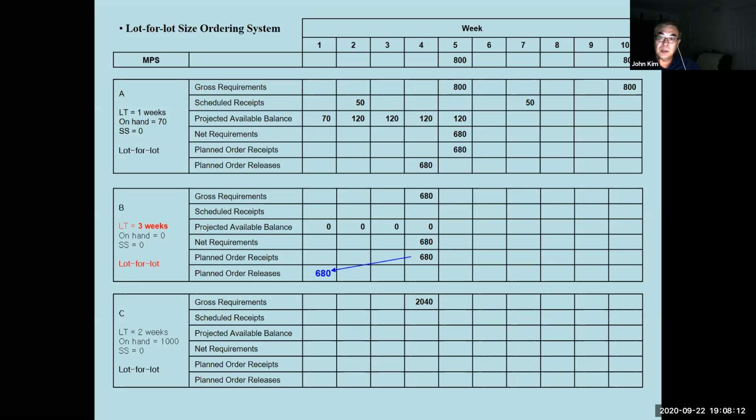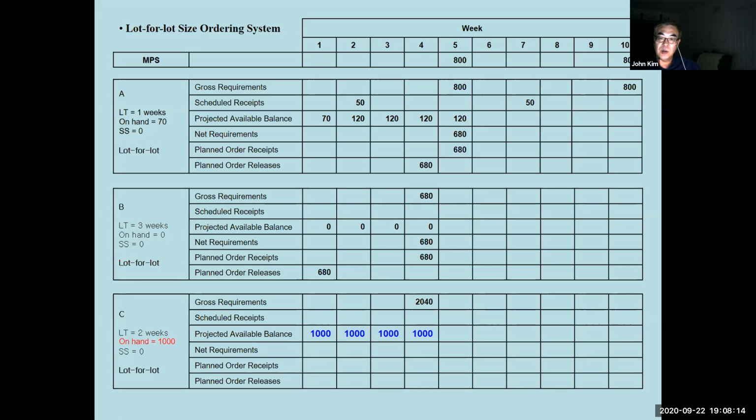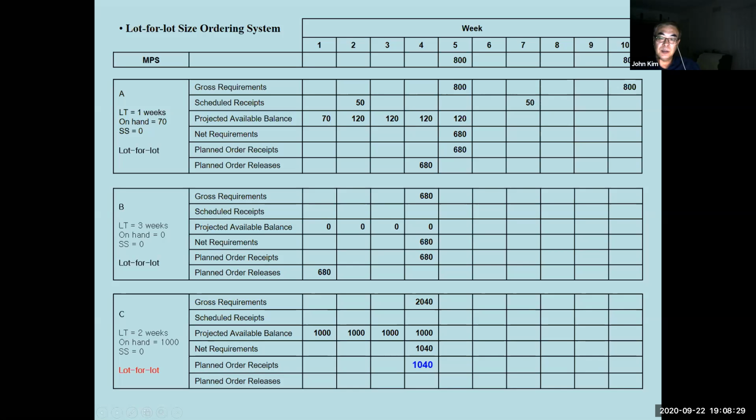Then for part C, 1,000 is available on hand up to that point. The net requirement is 2,040 minus 1,040. So receive that many at that time. To receive that many, place the order 2 weeks earlier.